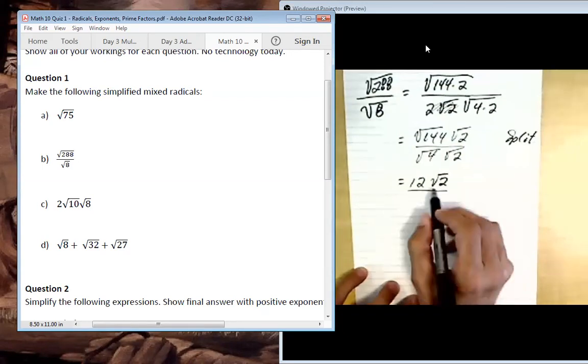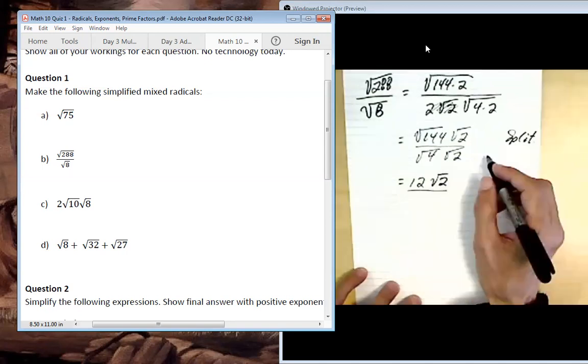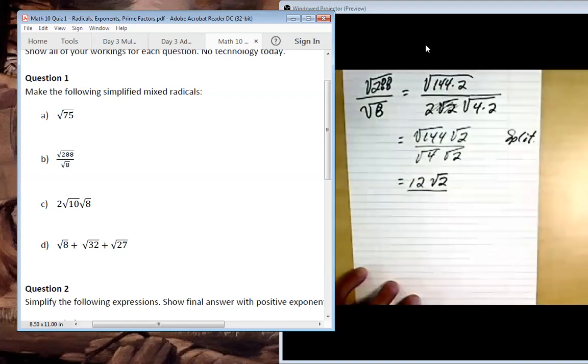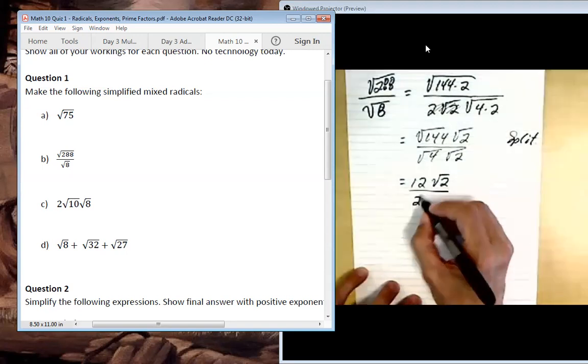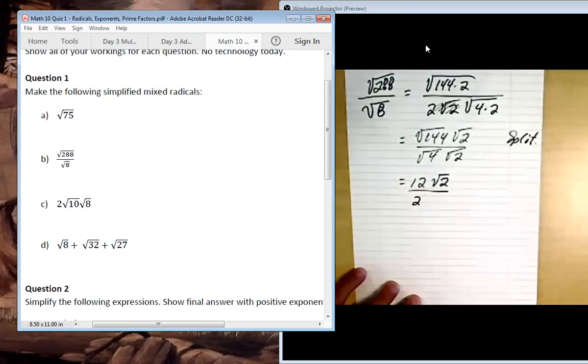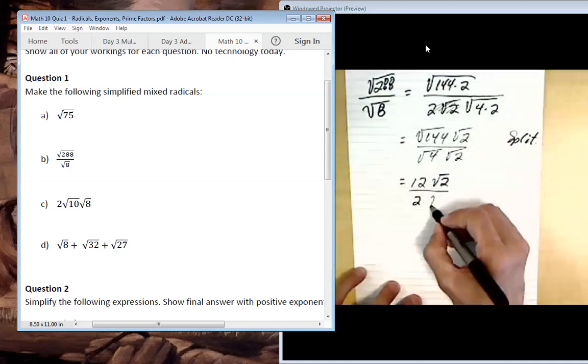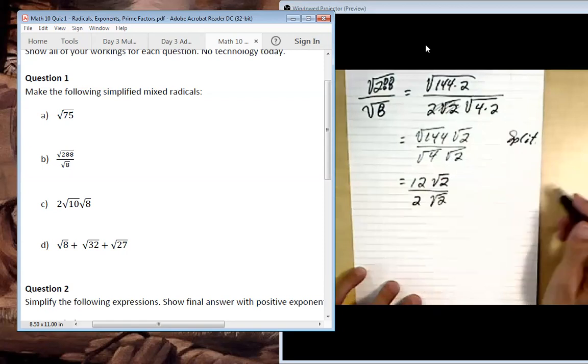On the bottom, what's the square root of 4? Or another way of thinking about it, what times what gives you 4? That's sometimes easier. 2. See? So that means 2 is the square root of 4. That's how you think of that. We still got these square roots there, so those can divide out.